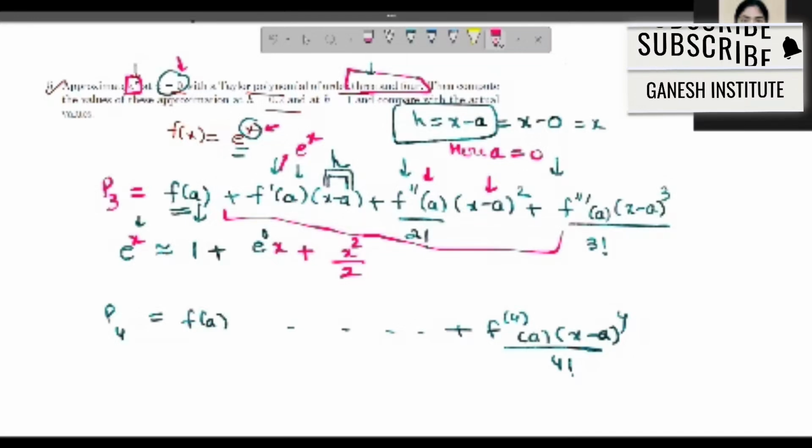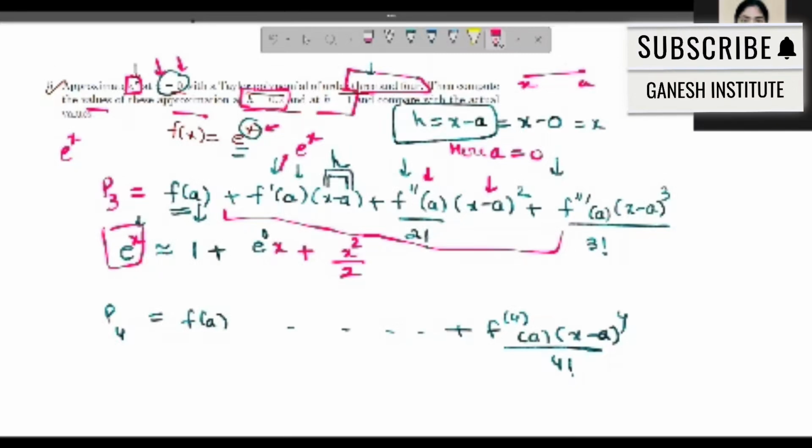When it is asked at one point, then the distance between x and that point is what you are finding out, the difference. And when it is asked, find out that expansion you've got for e raised to power x, now find out for h equal to 0.2, h equal to 1.